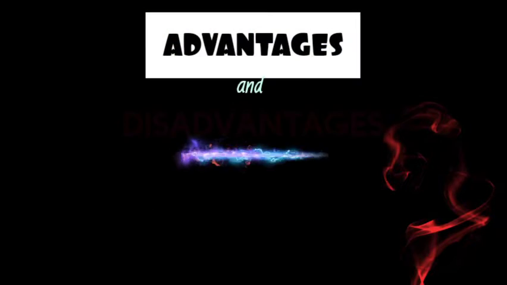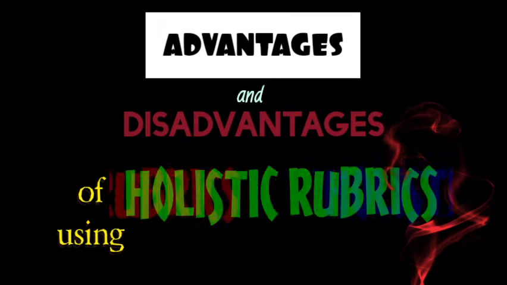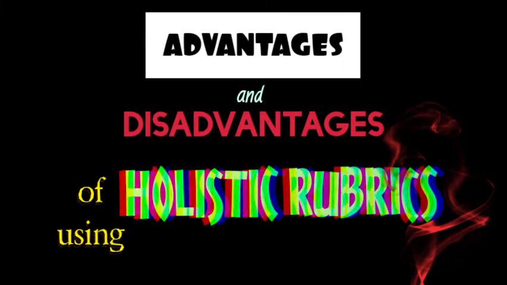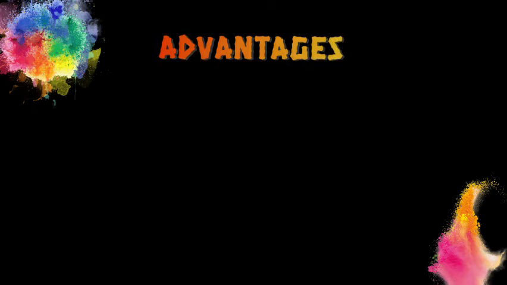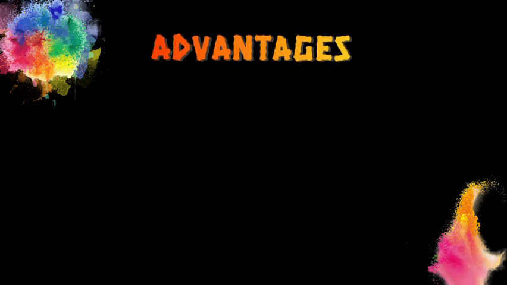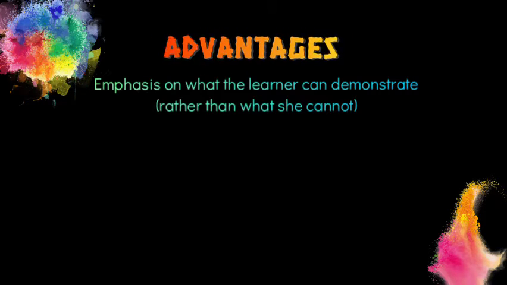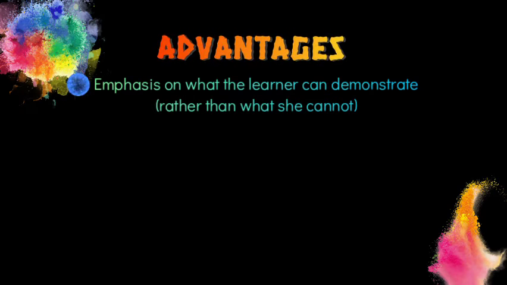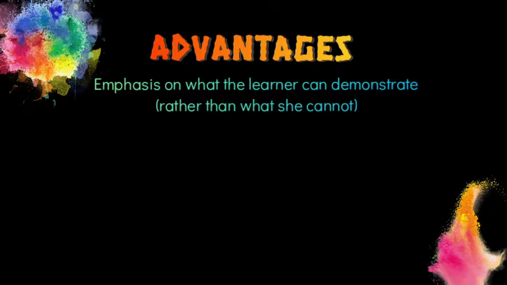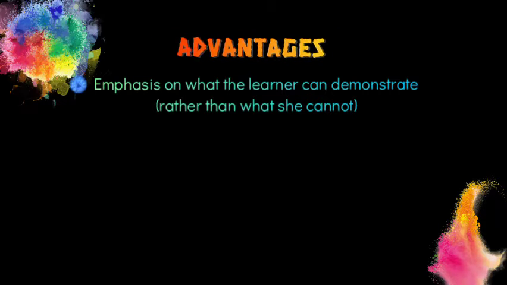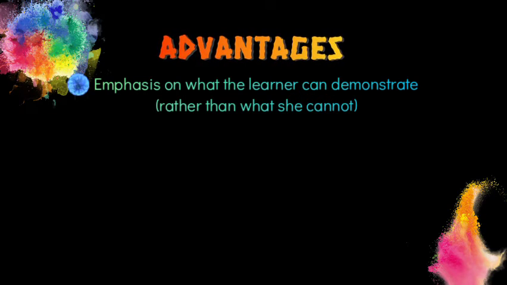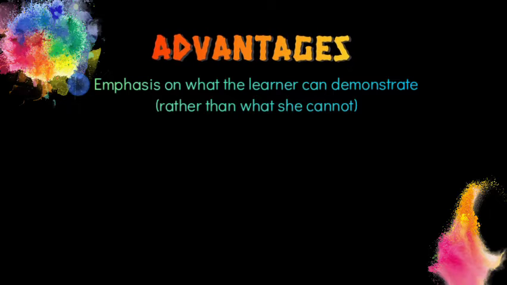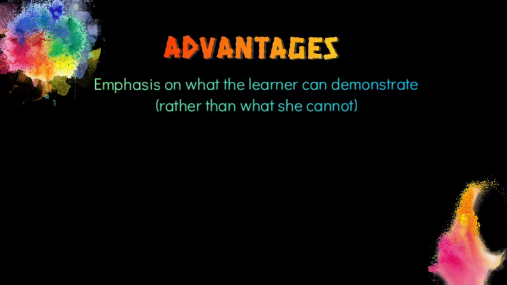Now, let's talk about the advantages and disadvantages of using holistic rubrics. Let's talk first about the advantages. The first one is it emphasizes what the learner can demonstrate. It provides emphasis on what the learner is able to demonstrate, rather than on deficits or negatives. The second advantage of holistic rubrics is it saves grading time. In what way?